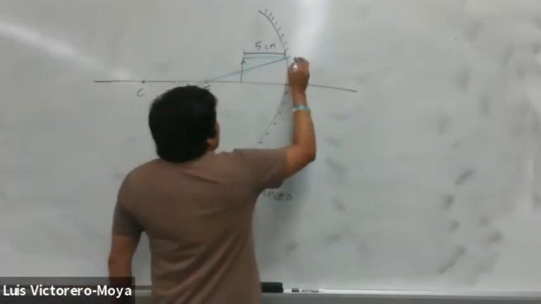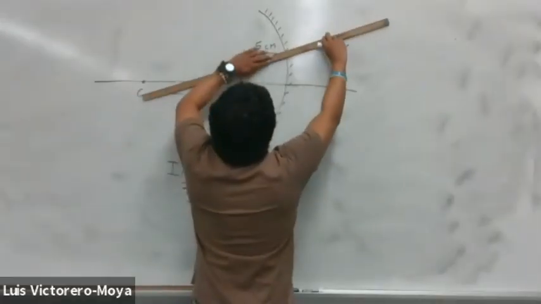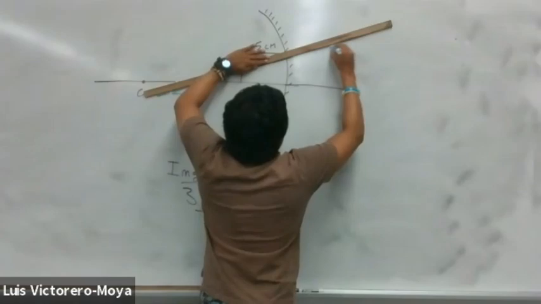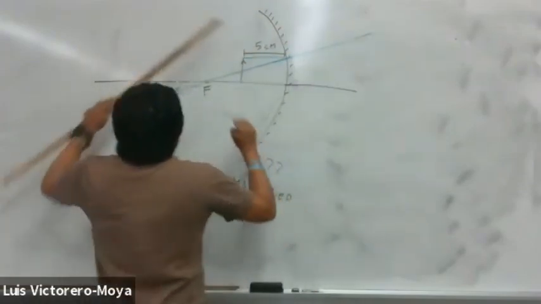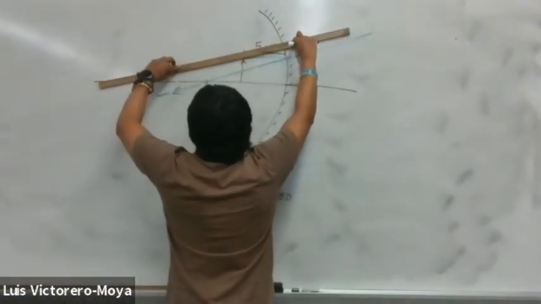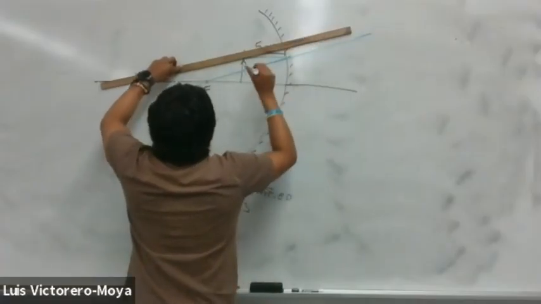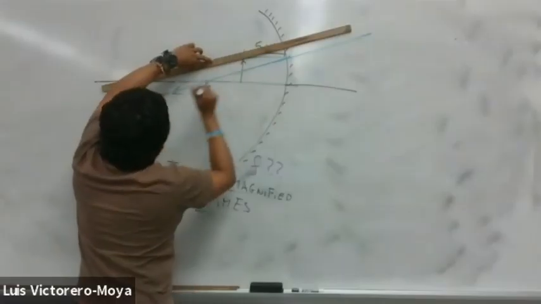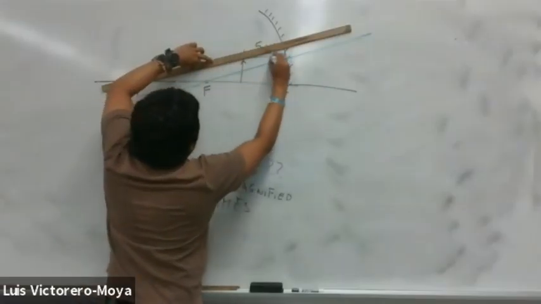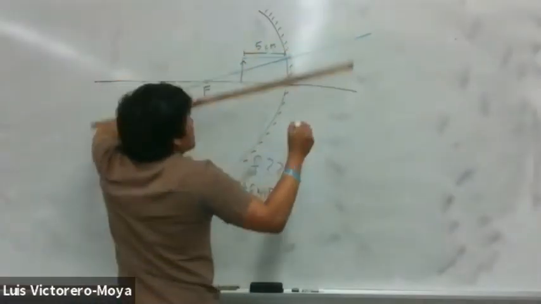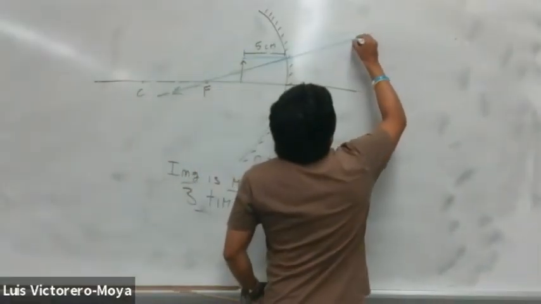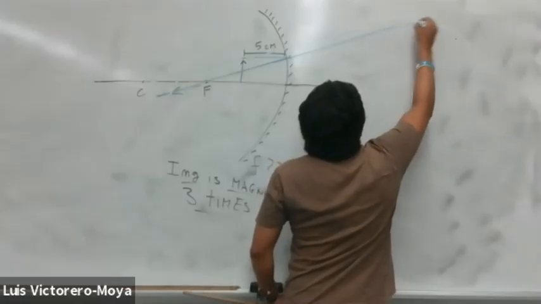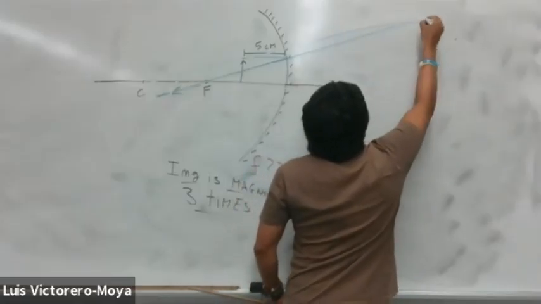So what you do is extend it. When you use the C-ray, the one that goes through the center, what's the property of the C-ray? The rays get reflected and bounce back on the same path. There are no other rays going on there.